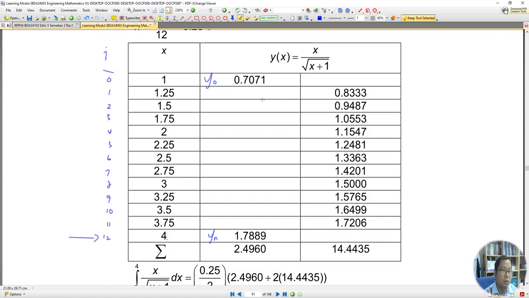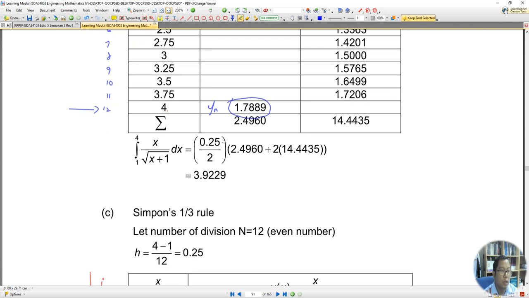But using the trapezoidal, we put the function values y0 and yn in the same column, and the rest in another column, because we have to differentiate.